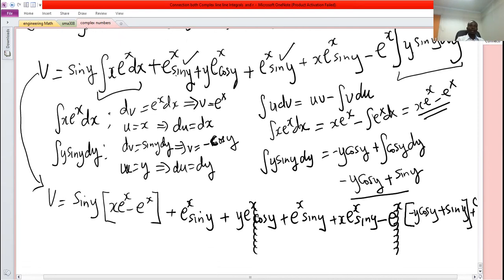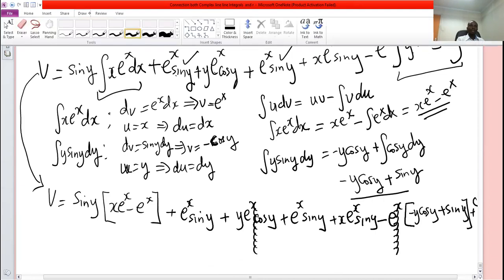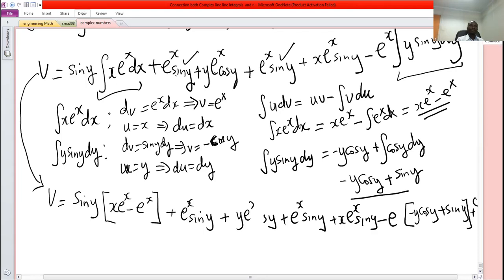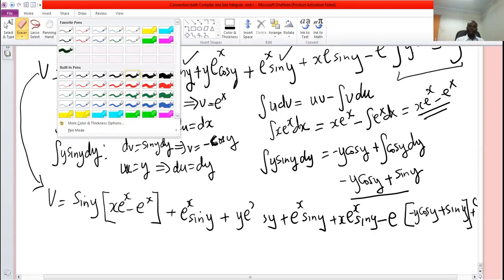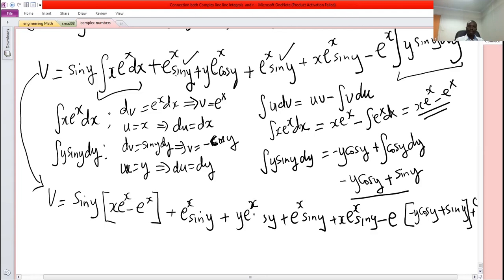So the next step now, let's open the brackets and see which terms are repeating themselves. We ignore the repetitions and then pick the unique terms. So e raised power x, so y e raised power x cosine of y.